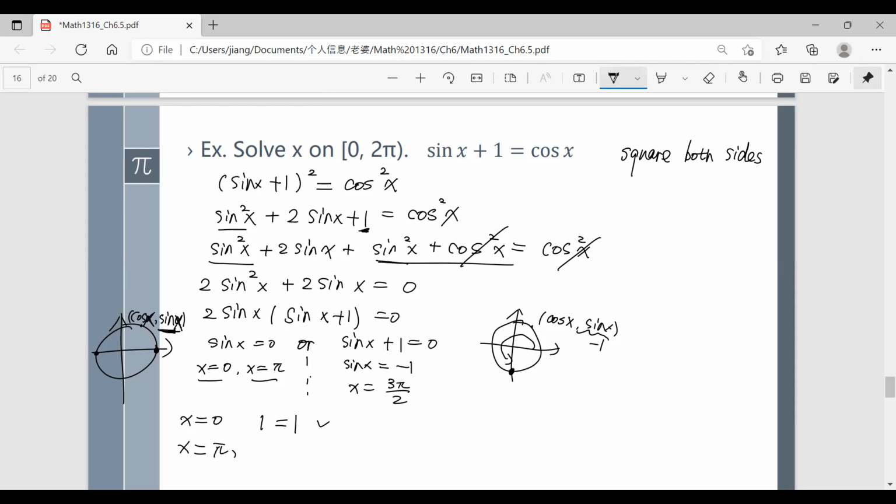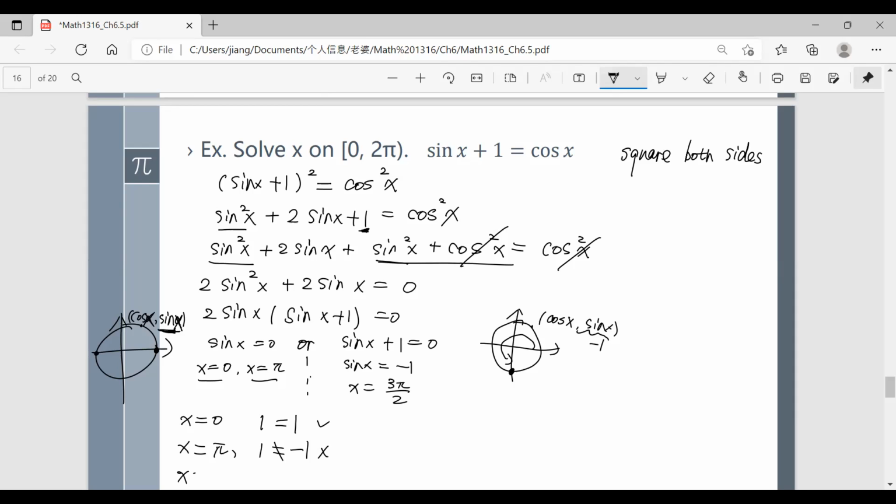That's 0 plus 1 is 1. How about the cosine value? Cosine is x value, right? So cosine pi is here. The x, this term must be negative 1. 1 equals negative 1? No. This solution, I can't choose.